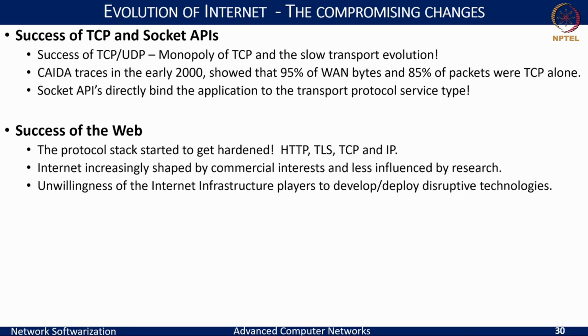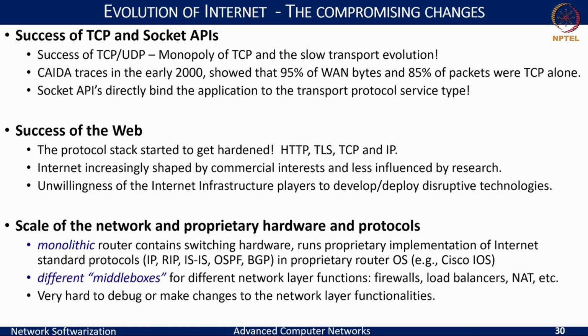Typically you would have a lot of newer protocols that you would want to experiment with, but the internet became resilient to all of these protocols that you would want to develop, deploy and try. It was also the unwillingness of the internet infrastructure players to accept or bring in the changes that would facilitate supporting these networking technologies or the newer disruptive technologies.